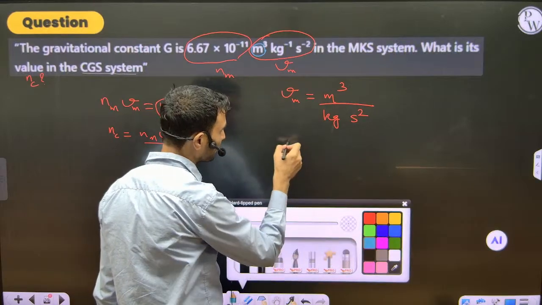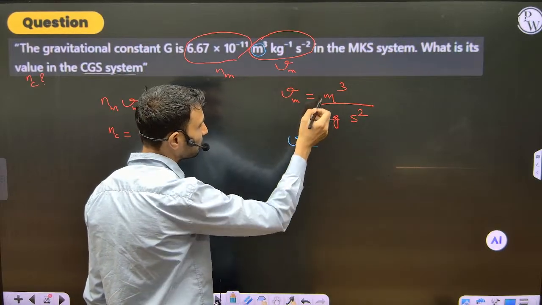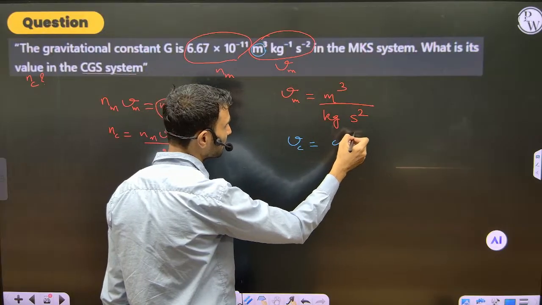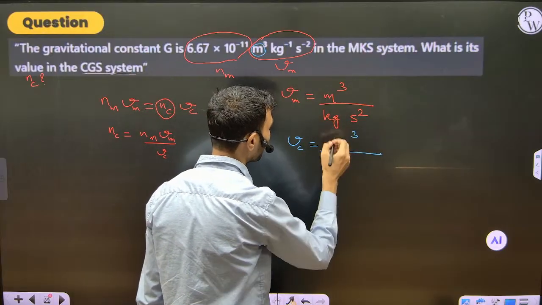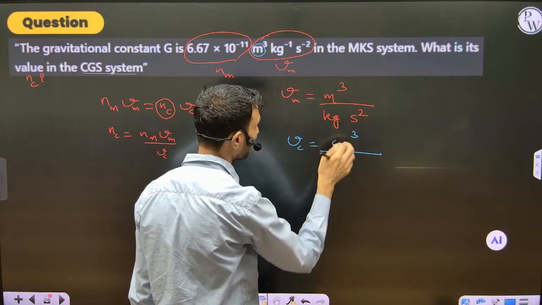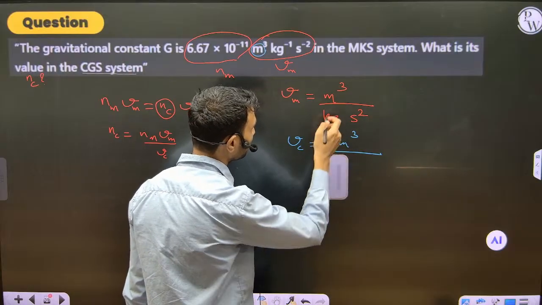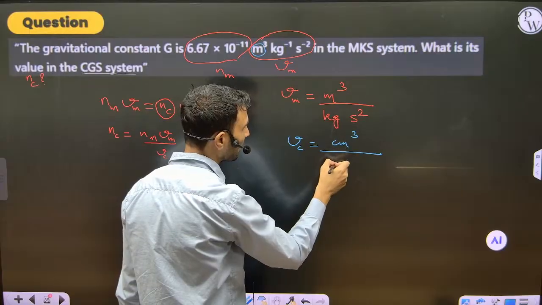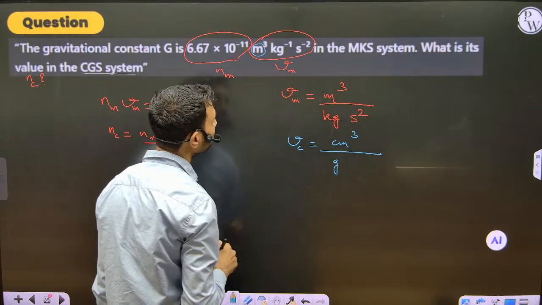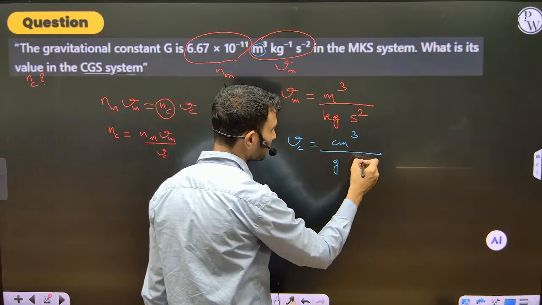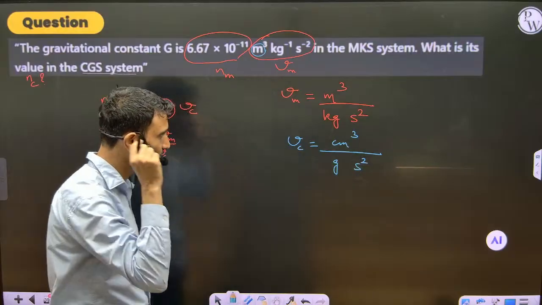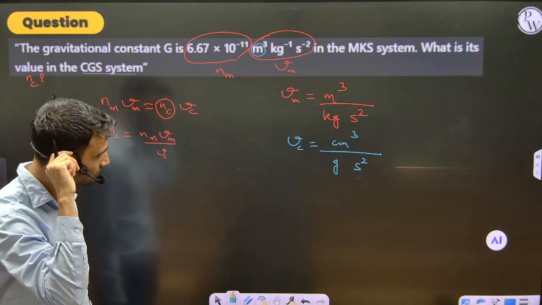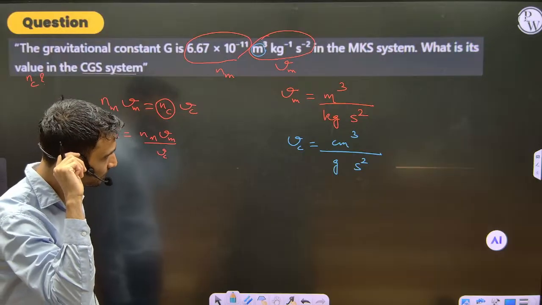Now we can write the unit in CGS. Meter will become centimeter, kg will become gram, into second square. Got it?